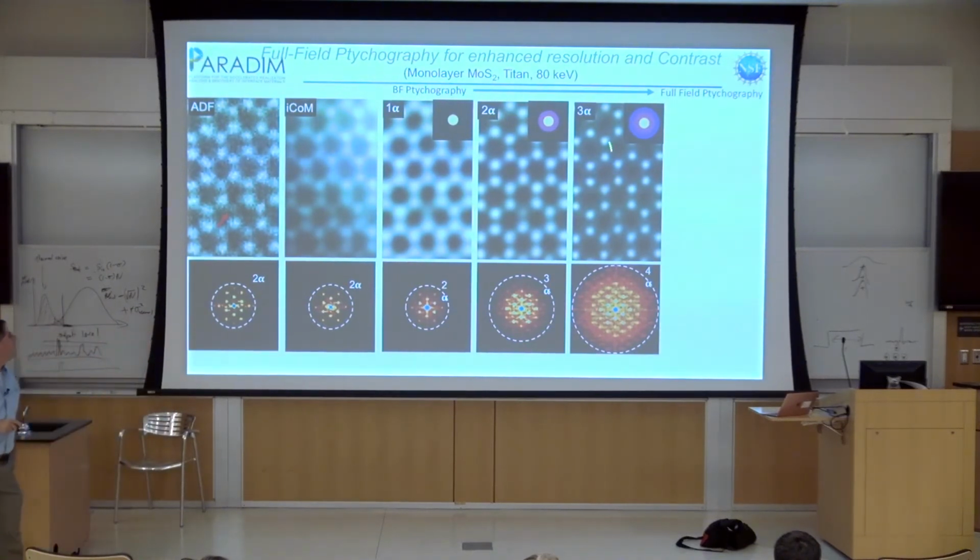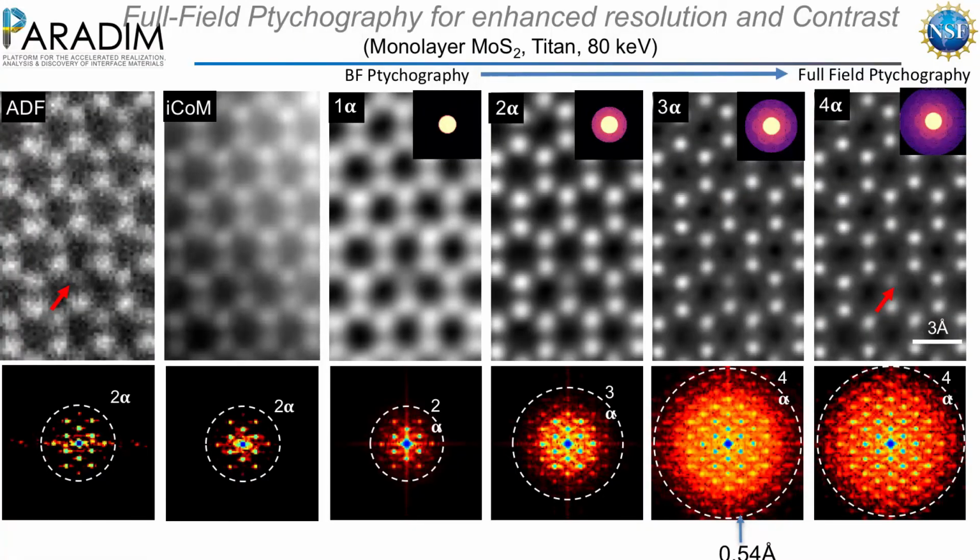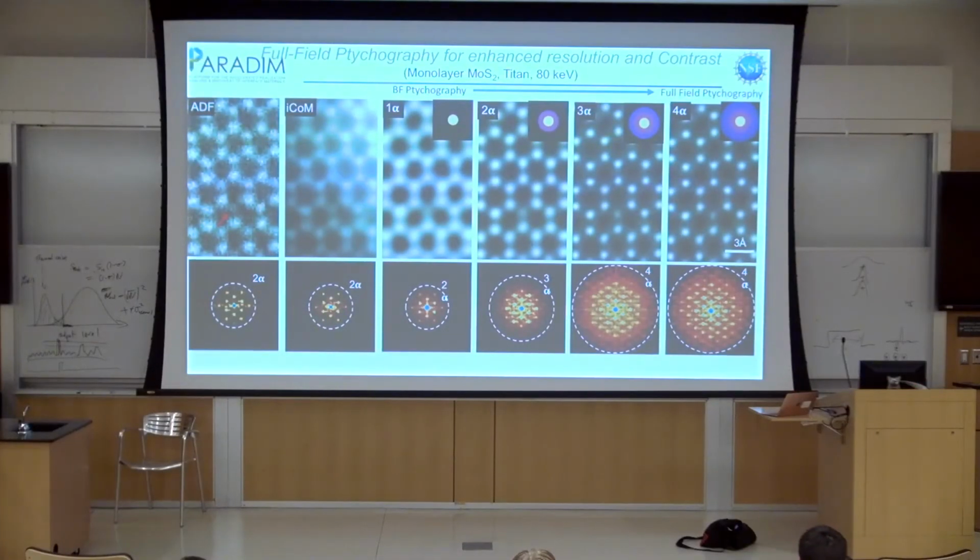So by doing full diffraction information at every point at atomic resolution, the image looks much nicer and is much higher resolution and higher contrast than annular dark field imaging. And I'll talk about that on Saturday. Yeah, okay, and then we're showing off because now we're below half an angstrom.